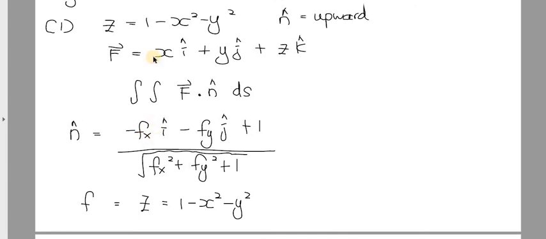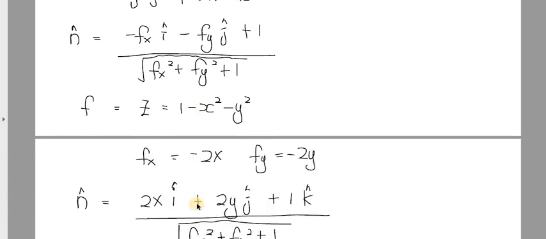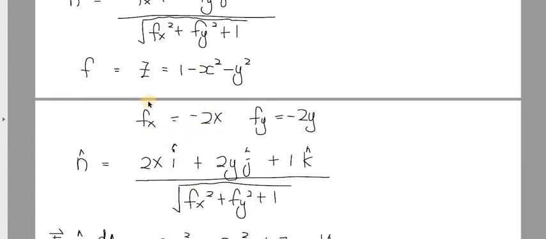So f is the equation of the paraboloid, which is this one. So I need to perform del z del x and del z del y here. For del z del x, or fx, it is negative 2x, and for fy it is negative 2y. When you insert into the equation of the unit vector normal n, it becomes this way. This thing I didn't insert here because it will be cancelled out when you want to transform from dS to dA.